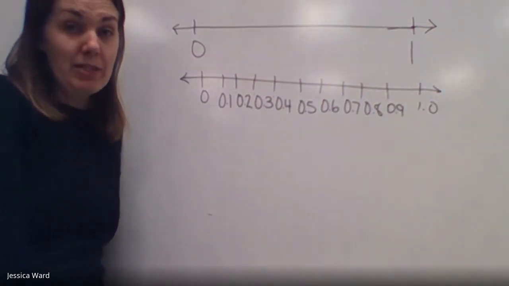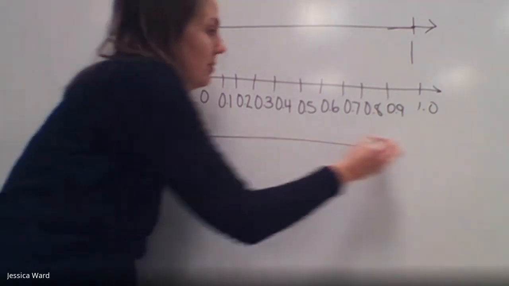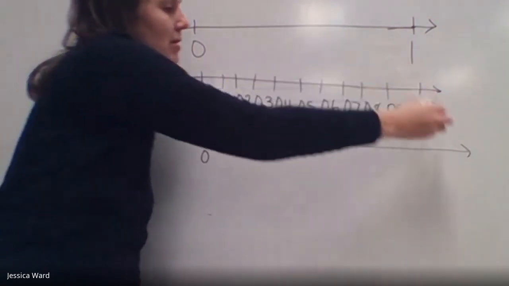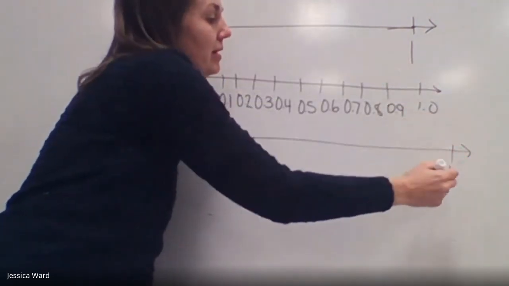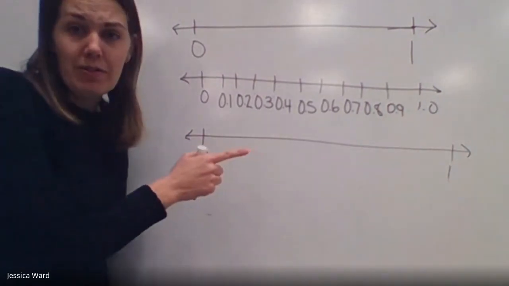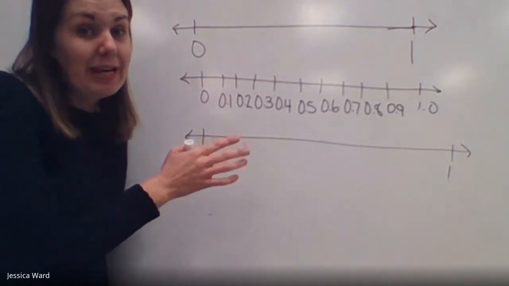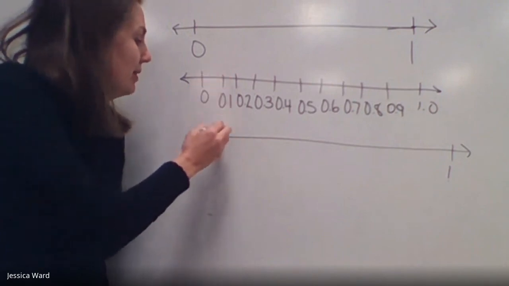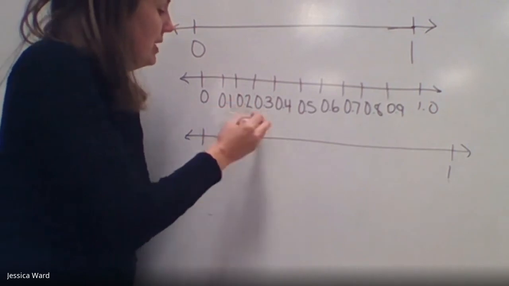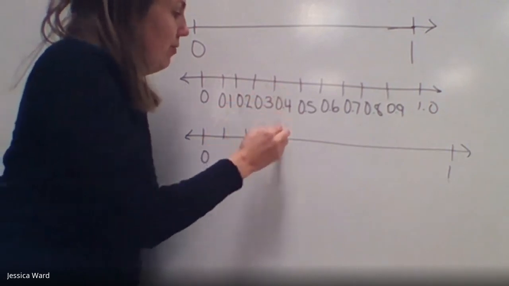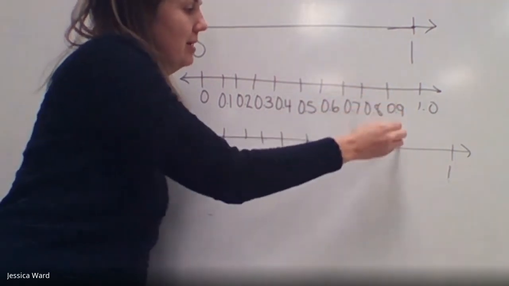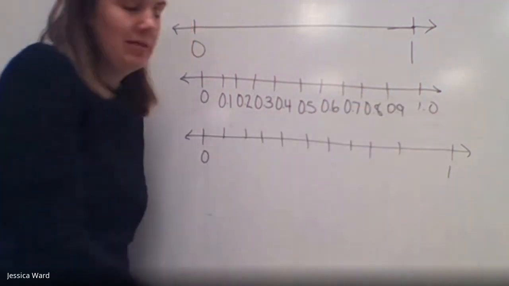Now, if we want to get even smaller, which of course we do on the next number line, we're still talking about our space between 0 and 1, but this time, instead of dividing it into tenths, we're going to divide it into hundredths. Now, I'm not actually going to take the time to do that. So I'm just going to go ahead and line it up and say that I have 1/10, 2/10, 3/10, 4/10, 5/10, 6/10, 7/10, 8/10, 9/10, and 10/10.